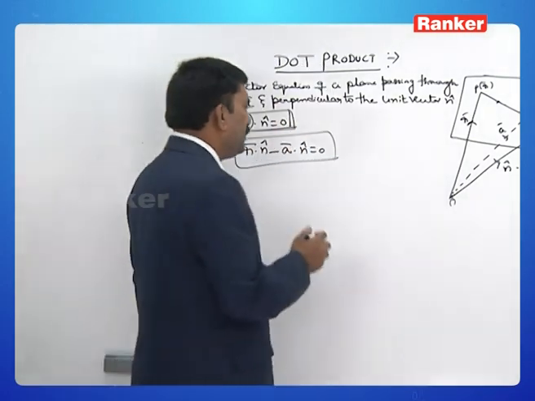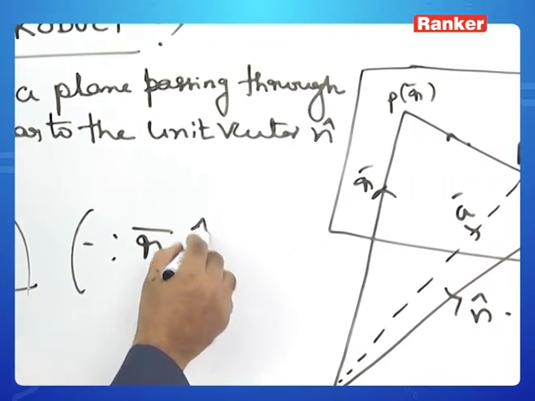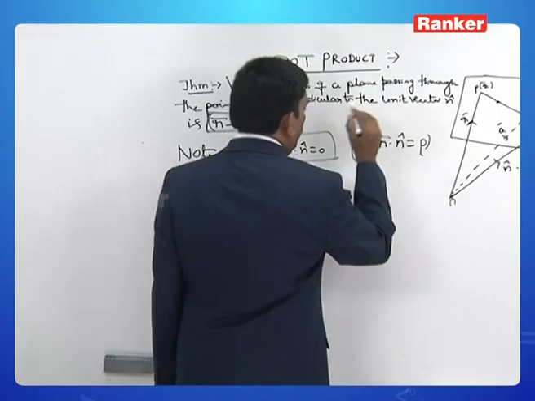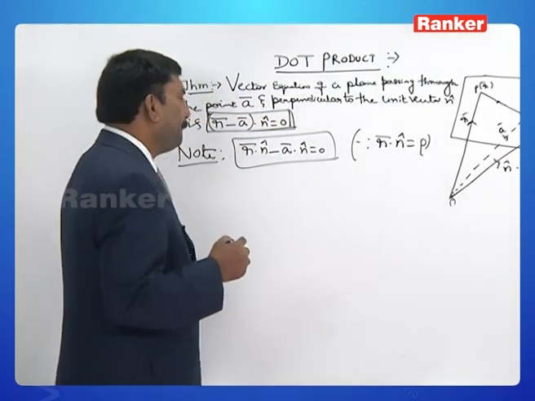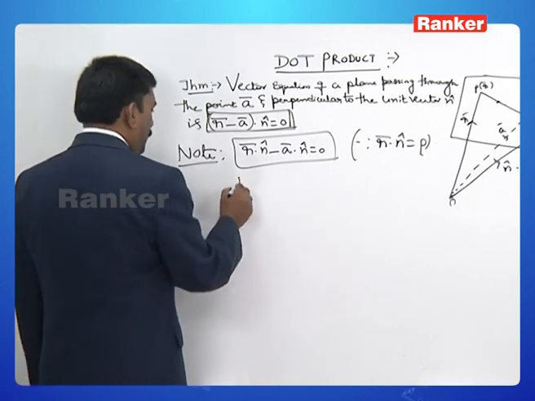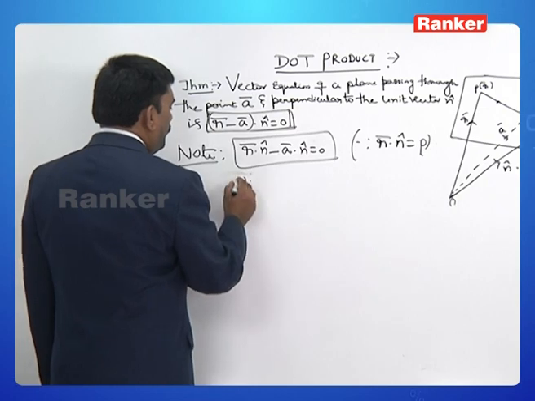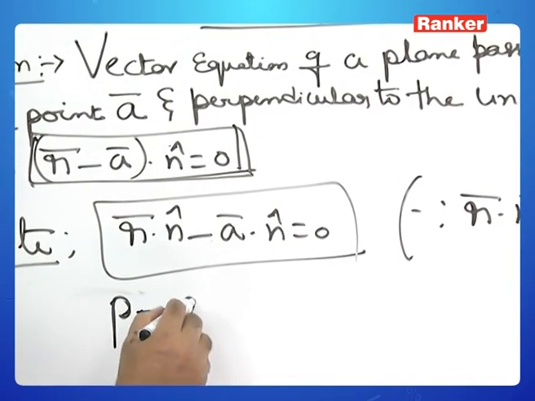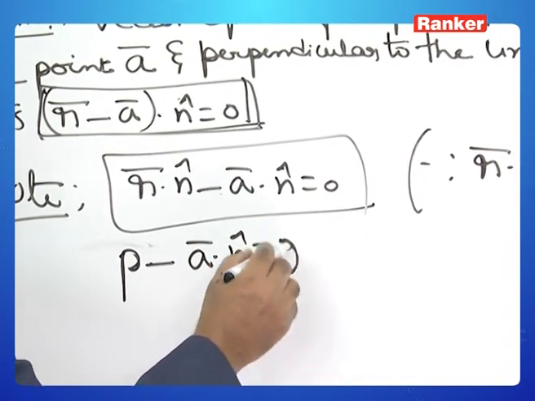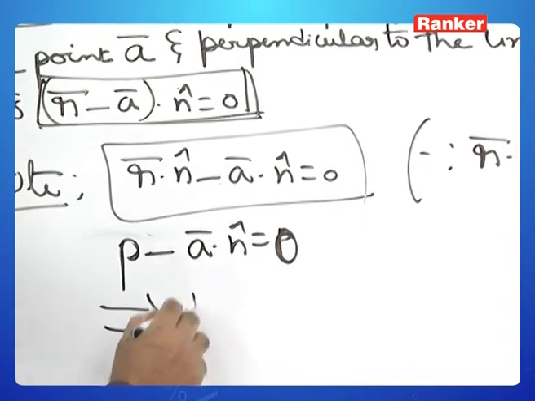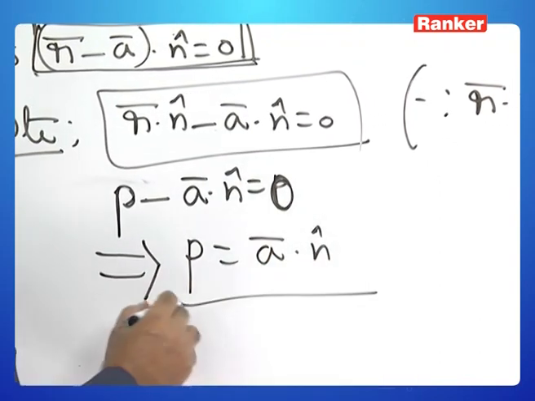We know that R bar dot N cap is equal to P. Why you are introducing this P, I will tell later. Now this is nothing but P minus A bar dot N cap is equal to 0, which implies P is equal to A bar dot N cap.